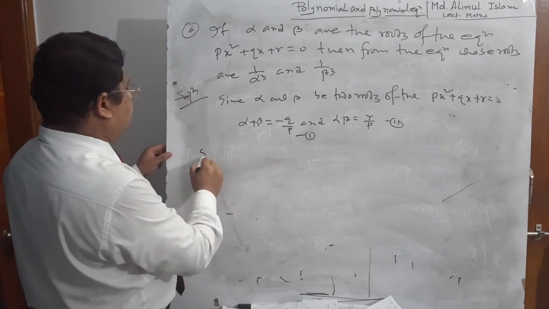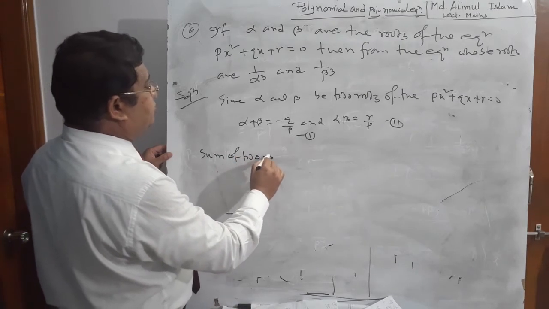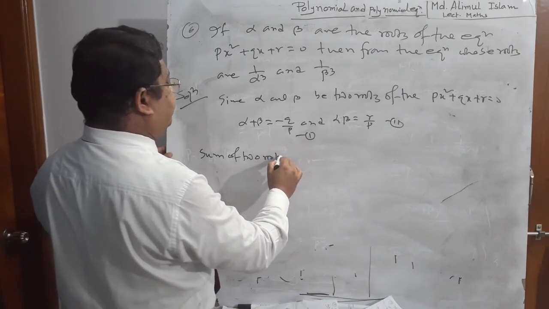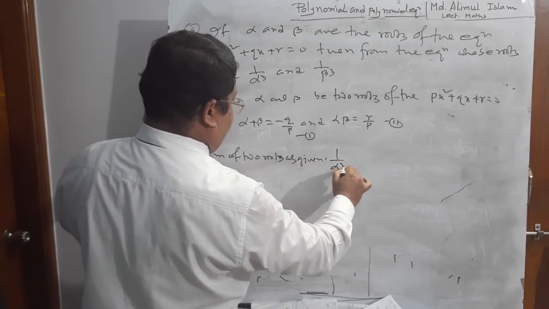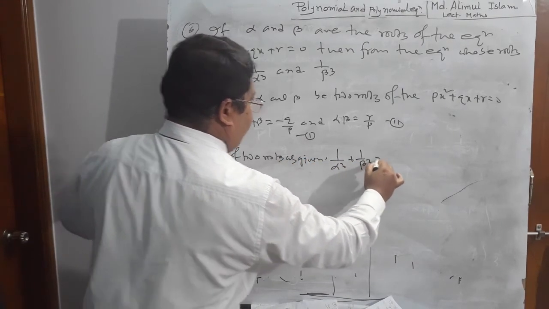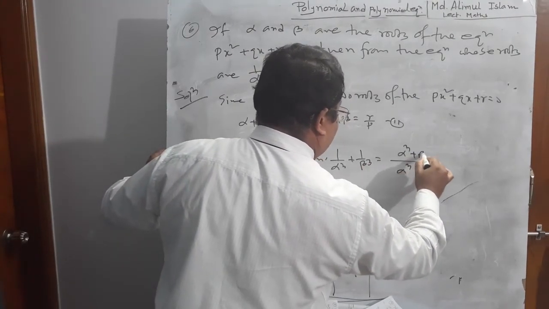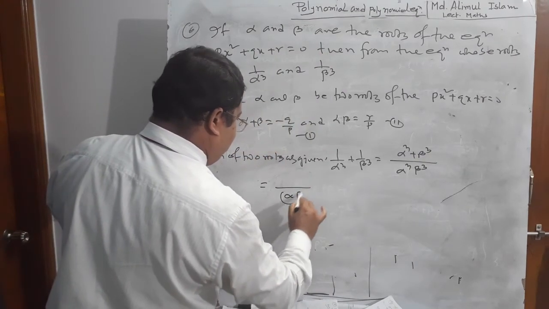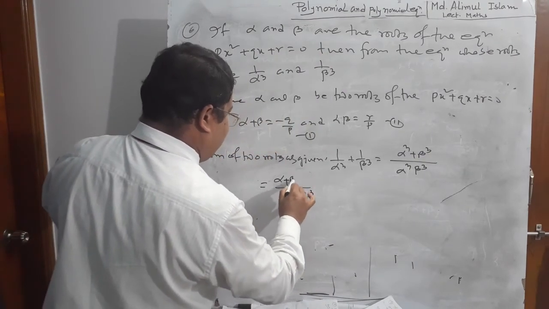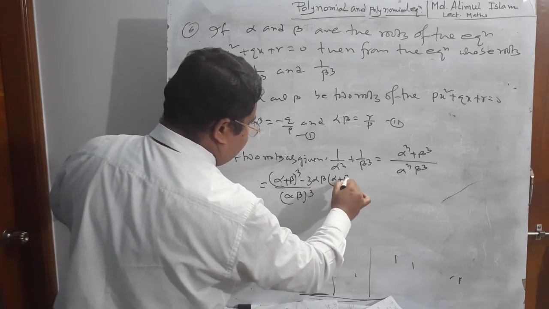Sum of the two roots: 1 by α³ plus 1 by β³ is (α³ + β³) over α³β³. You apply the formula here: (α + β)³ − 3αβ(α + β).